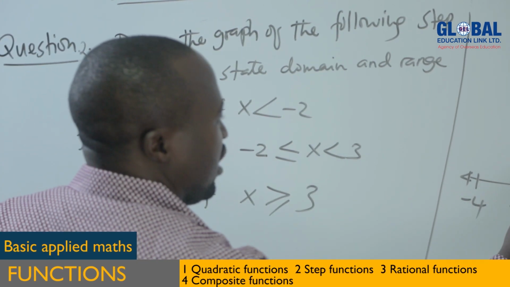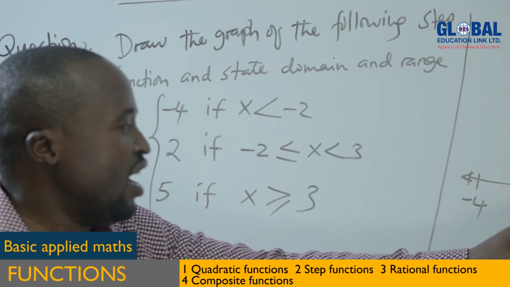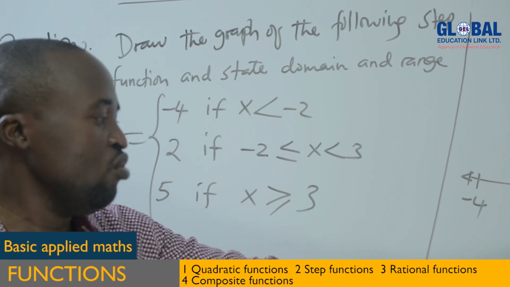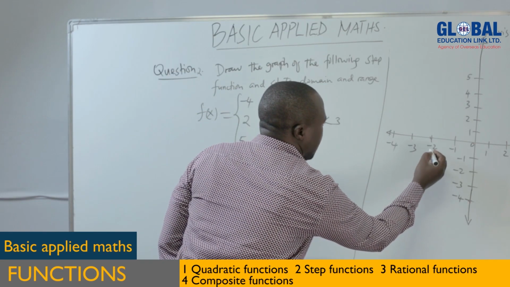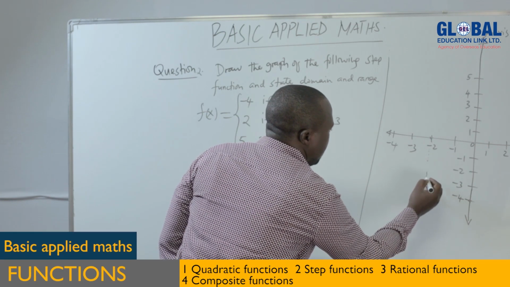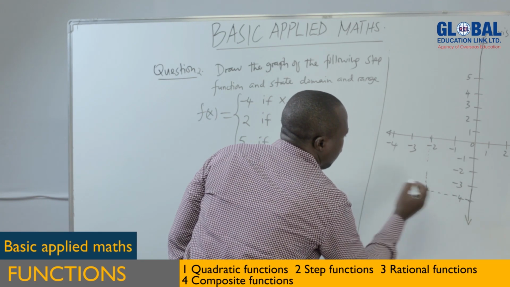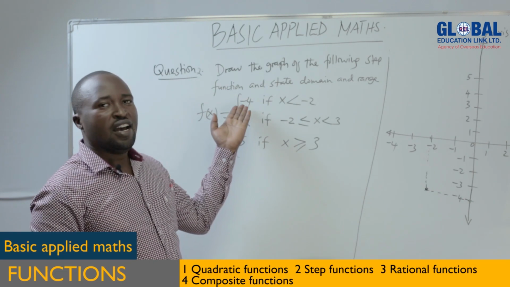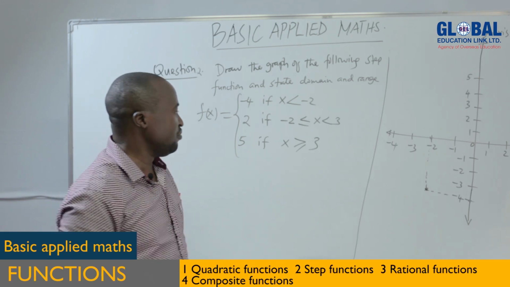It is found somewhere here. So we need to find the point of intersection between the x value, which is -2, and the y value, which is -4. So the point of intersection will be somewhere here, where -4 of y and -2 of x meet.